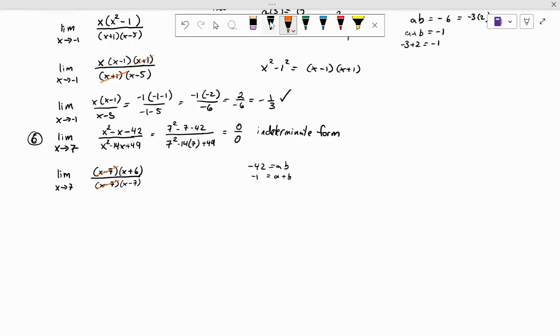So when you try to evaluate directly, what do we get? Oh, no, 13 over 0. So what does that say in terms of our answer?